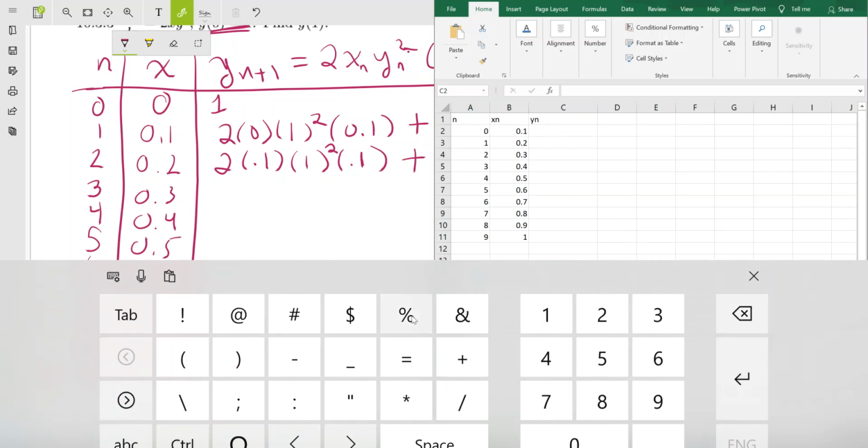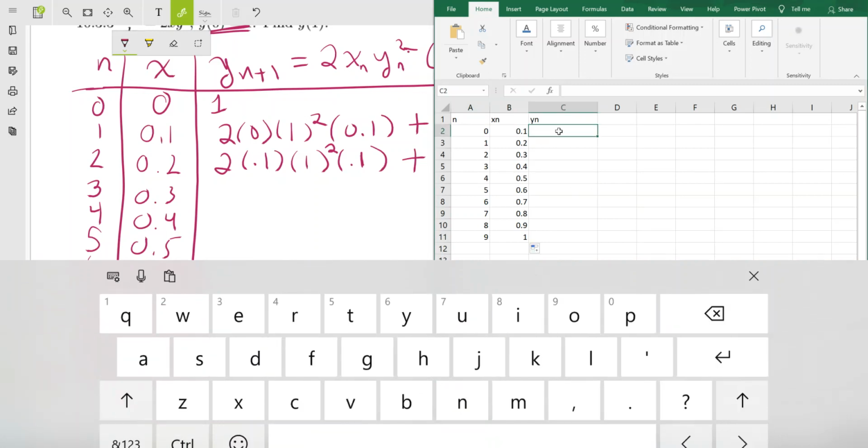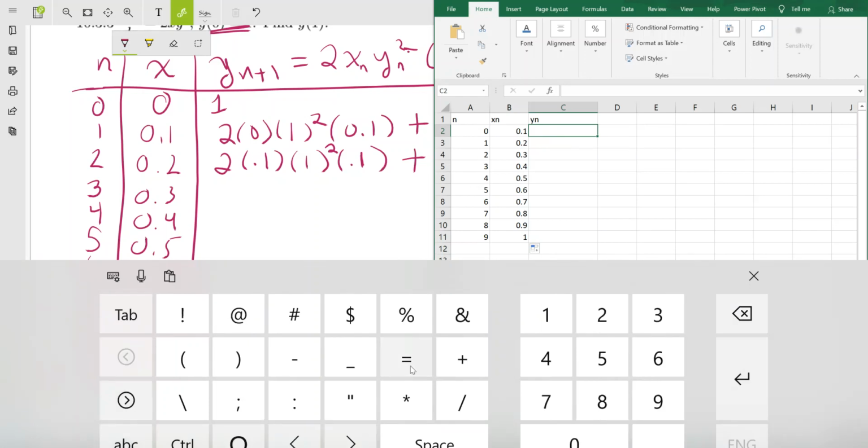So to do this, you have to be clicked into right here, because that's what I want. And I'm going to do equals, and here's where we've got to be careful. I want to use my differential equation, which is 2 times, where's the star? The value of, oh wait, I forgot to put my first row. Oops. Remember, good things, my y.